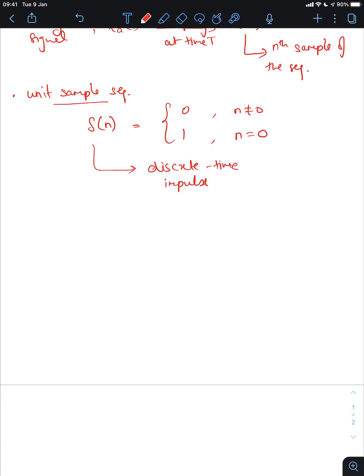The nice thing about studying this signal is, say for example, you are given any signal which is illustrated by something like this.